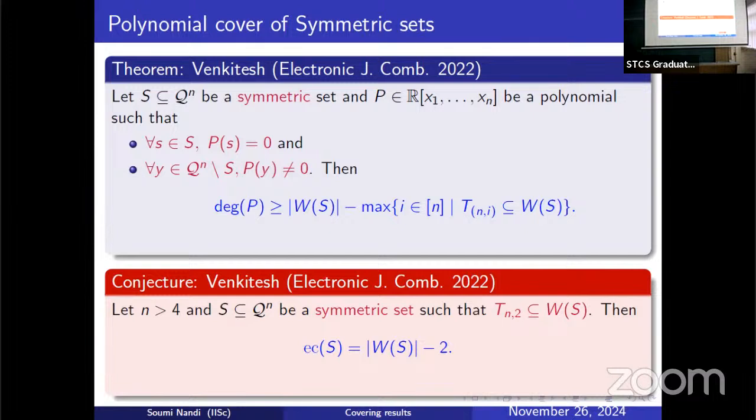Then from this lower bound, we get that W_S minus 3 will be the lower bound. It's still possible that the correct answer is W_S minus 2, right? No. Actually, this conjecture is false. Wait, so as long as we have symmetry, we cannot get any separation between polynomial and hyperplane.